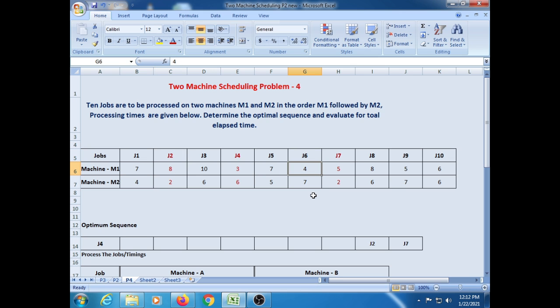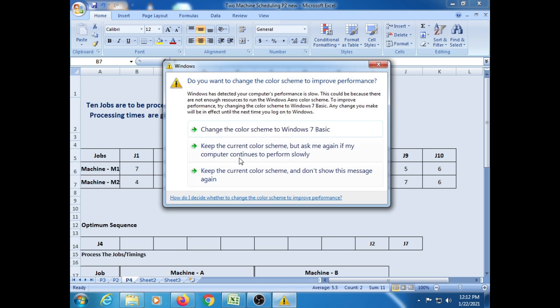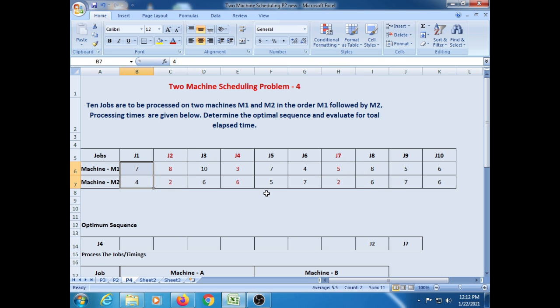When the processing times are same, we check the corresponding values, but here the corresponding values are also same. If the corresponding values are different when the processing times are same, then we check the corresponding processing times.